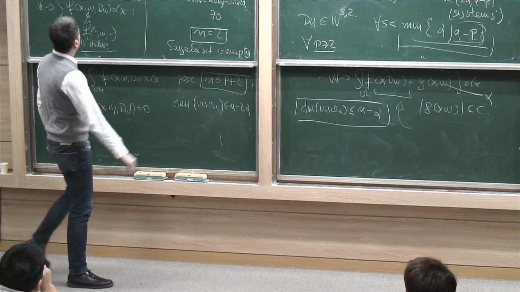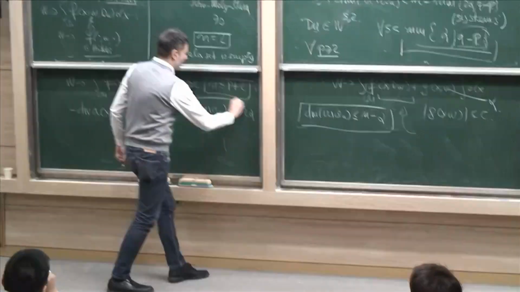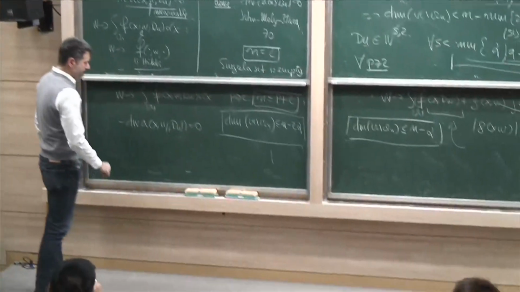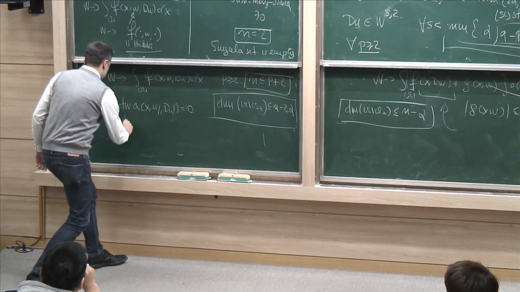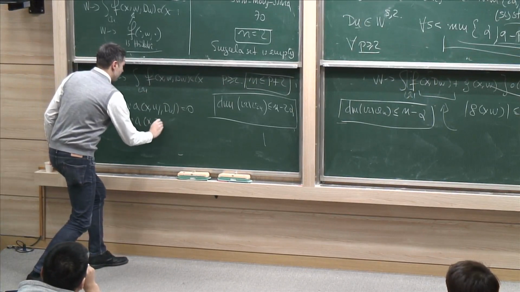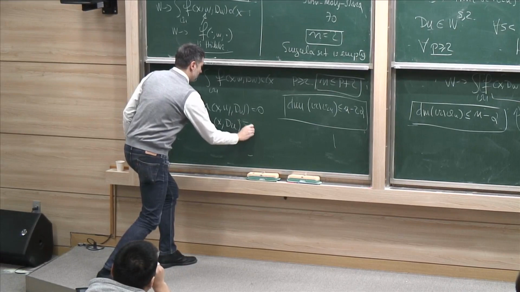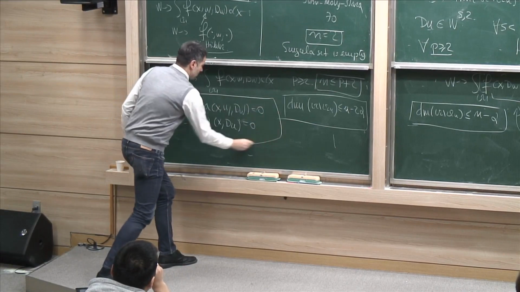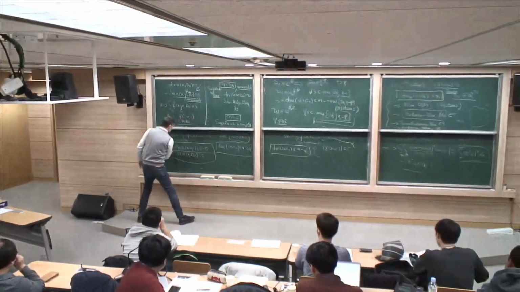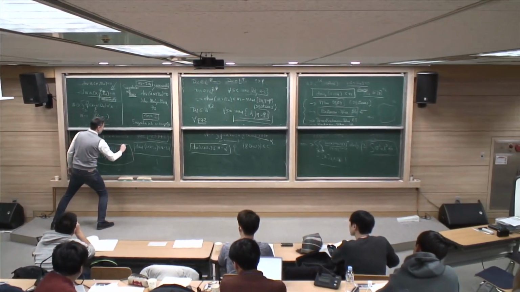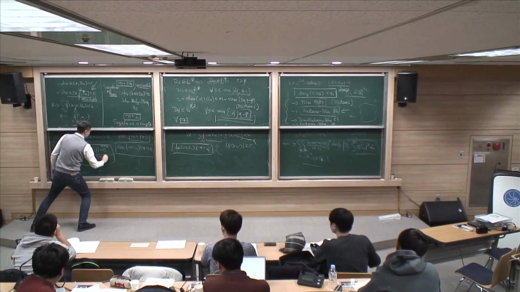So all in all, this Hausdorff dimension estimate holds for systems when you have these structure conditions. This holds for n less than p plus 2, and this is always.